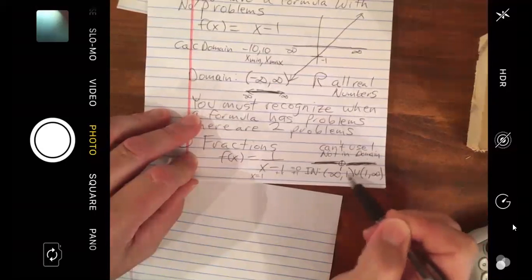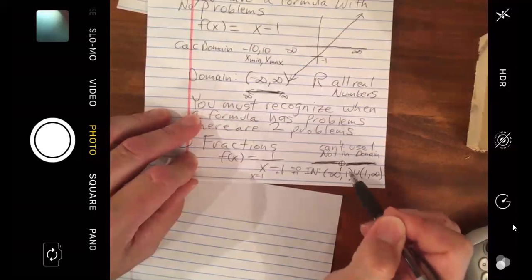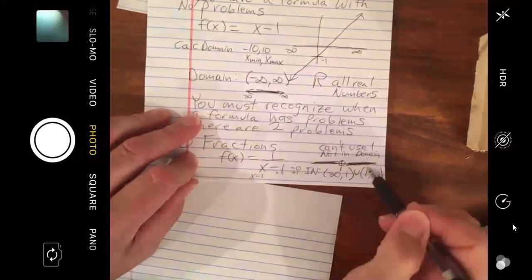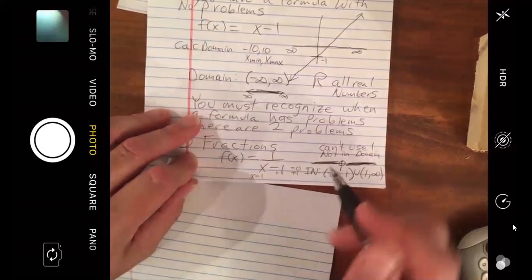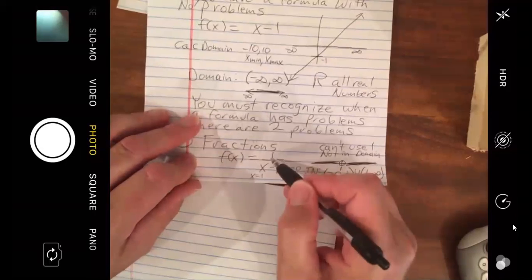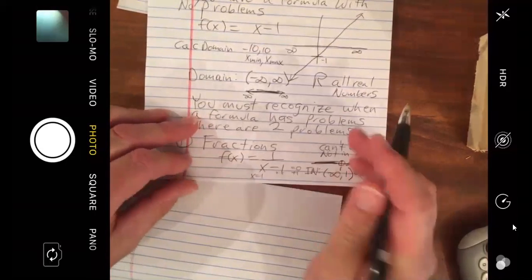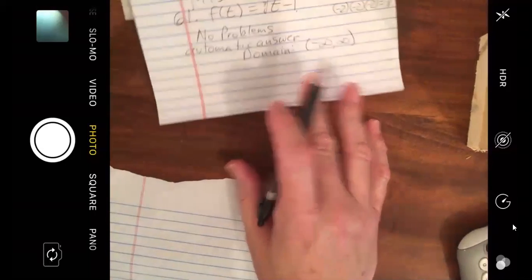So that splits it up into 2 intervals around 1, negative infinity to 1 with parentheses, union with 1 to infinity. Both sides around 1. You just can't use exactly 1 in this. You have a problem, fraction problem in this one. The second problem, problem 2 here, we call them the square root problem.